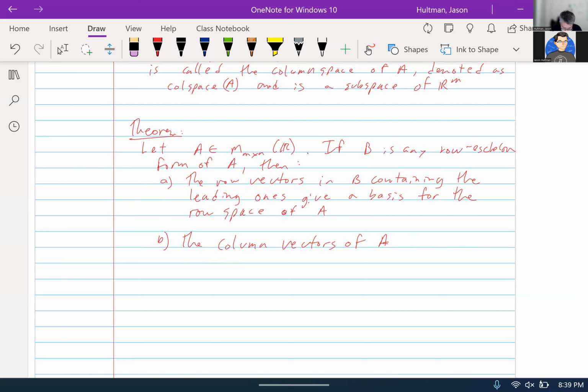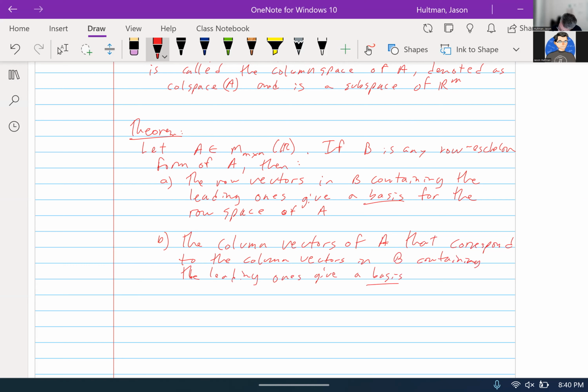The column vectors of A that correspond to the column vectors in B containing the leading ones give a basis for the column space of A. Okay.